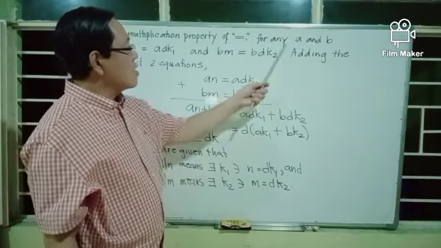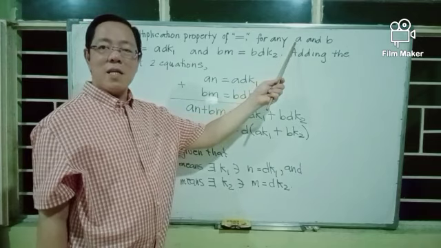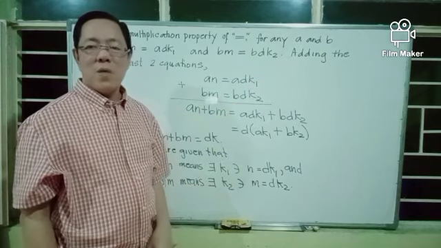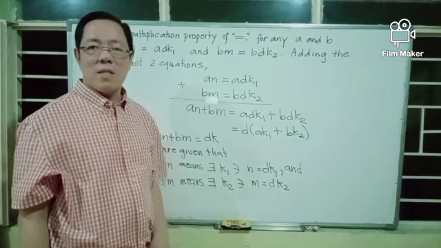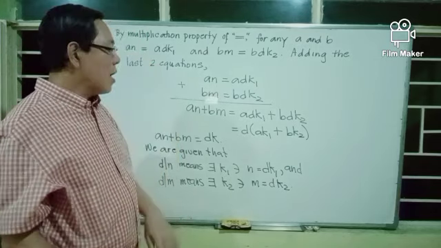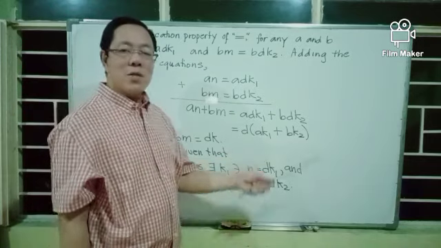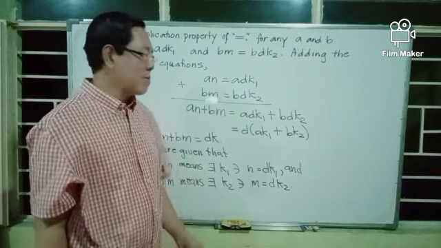But a is any integer. I said in the last lesson that all small letters would represent integers. So here a, k1, b, k2 are all integers.